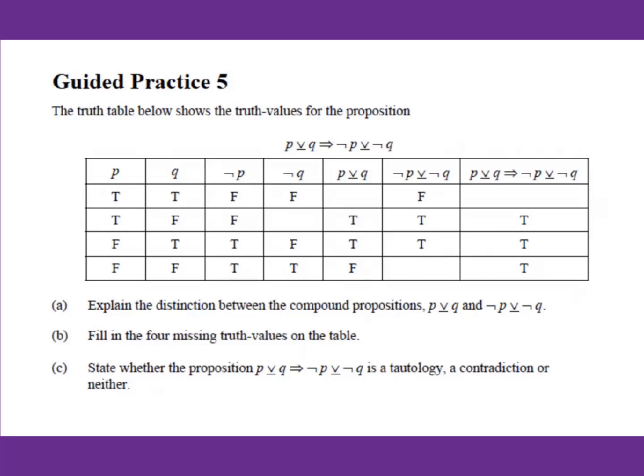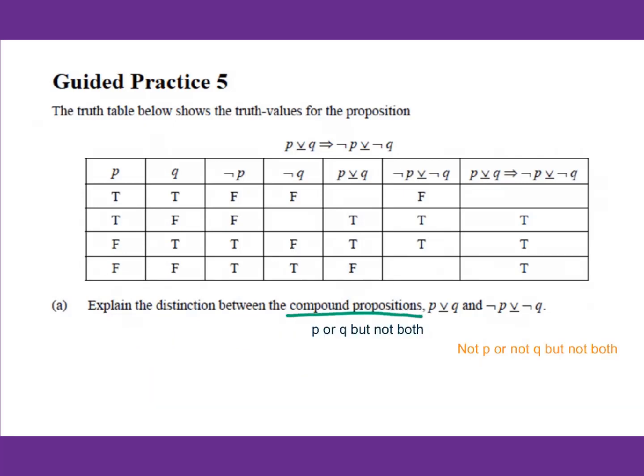Guided practice 5. The truth table below shows the truth values for the propositions. A. Explain the distinction between the compound propositions. For P or Q, but not both, that is for this.